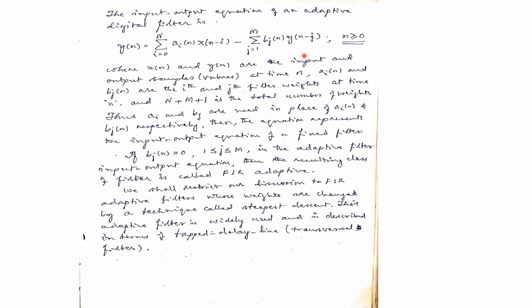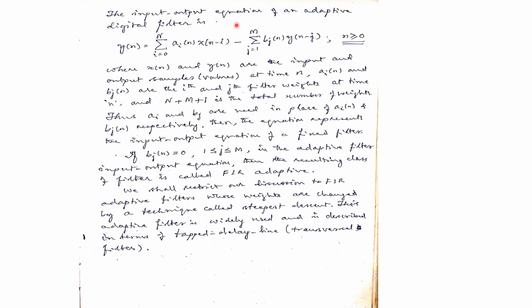Whereas in case of fixed filters, you have the same equation except that a i and b j are not functions of time, which means it is a i x of n minus i, b j y of n minus j. In case of adaptive filters, both these filter coefficients a i and b j are functions of n.